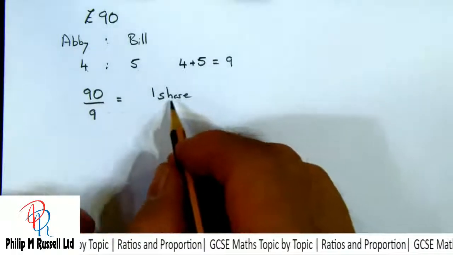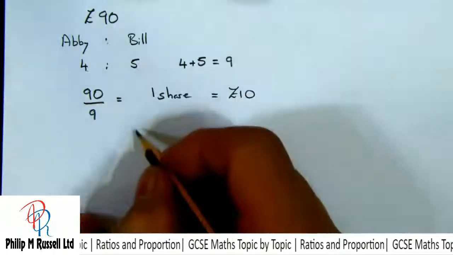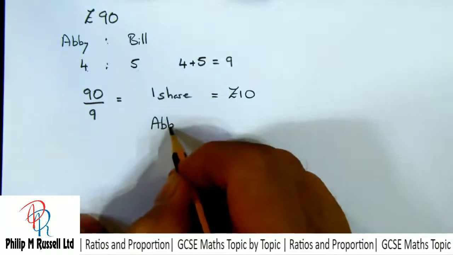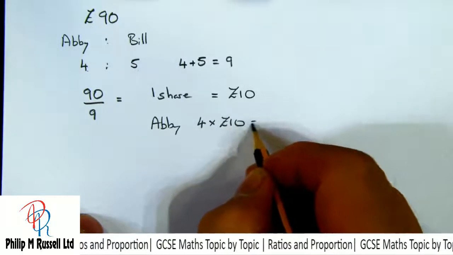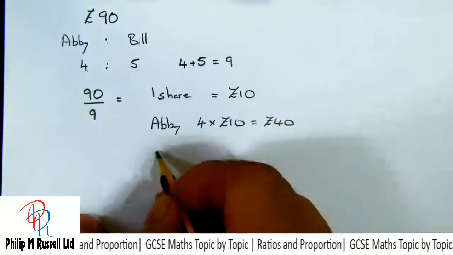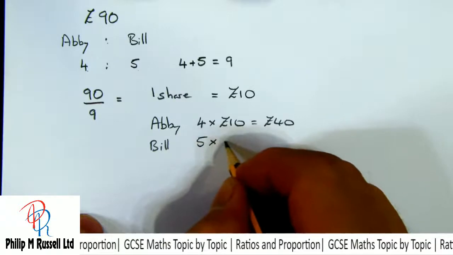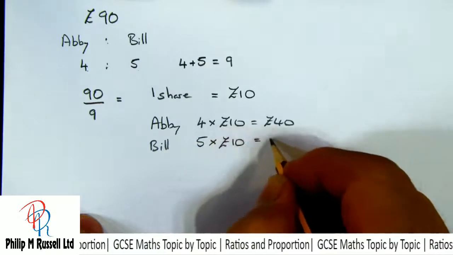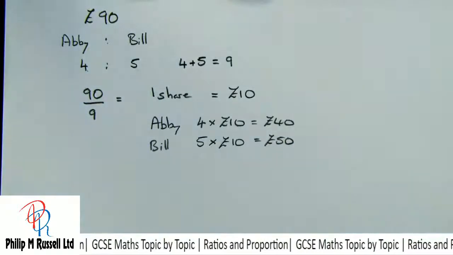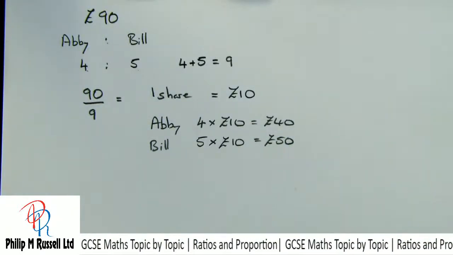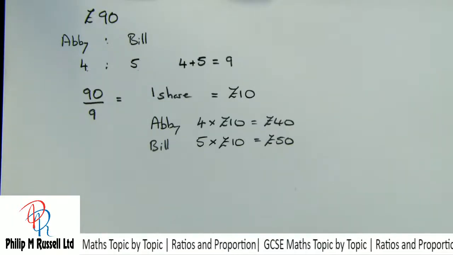And having got 1 share equals £10, then Abby here will get 4 times £10, and Bill will get 5 times £10, which is £50. So sharing in a particular ratio is not really very difficult.